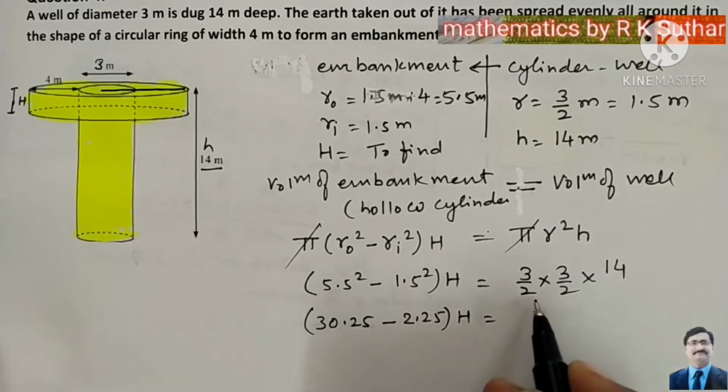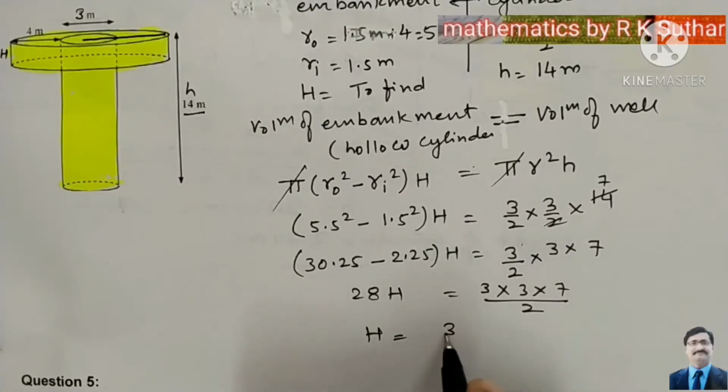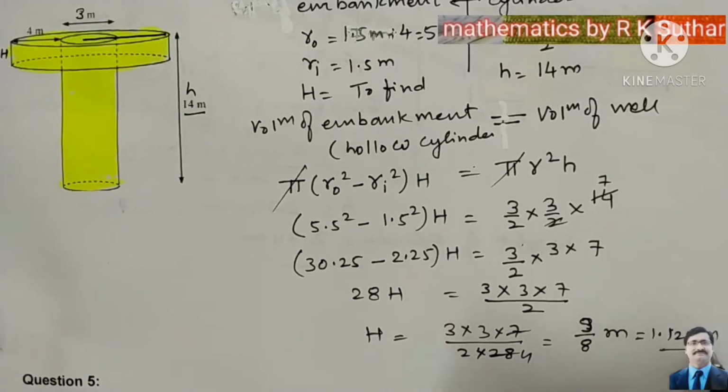So h equals this, we can cancel, 2 sevens are 14, and we get 3 by 2 into 3 into 7. This will be equal to 28. H equals 3 into 3 into 7 upon 2 into 28. 7 fours are 28. We get 9 by 8 meter, and 9 by 8 meter we can write as 1.125 meter. Do all of you understand this?